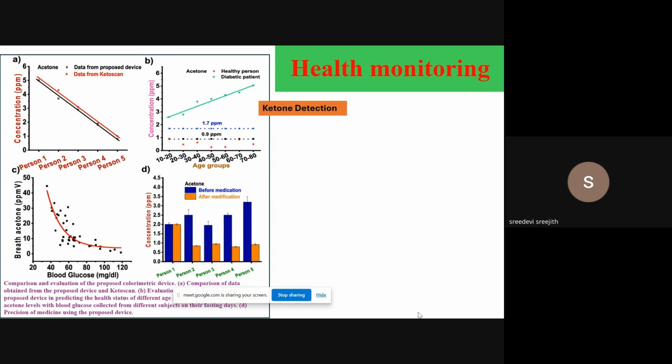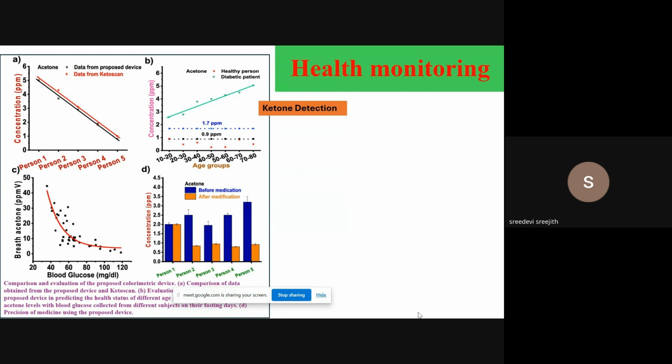In the first figure, we can see that the acetone level detected by the proposed device aligns with the KetoScan. KetoScan is a device that is commercially available for detecting ketone levels in the body. So our sensor and the KetoScan sensor align together.